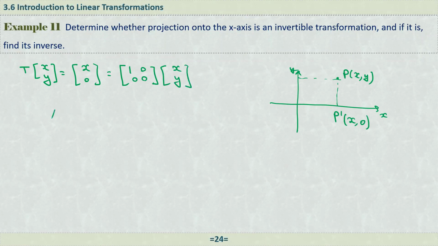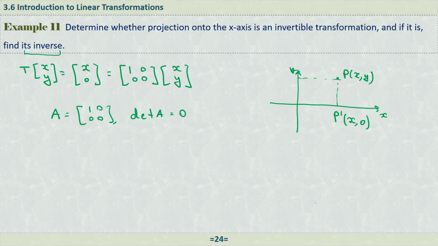Now since its standard matrix is 1 0 0 0, and its determinant is equal to 0, that means it is not invertible. So since it's not invertible, we cannot find its inverse.